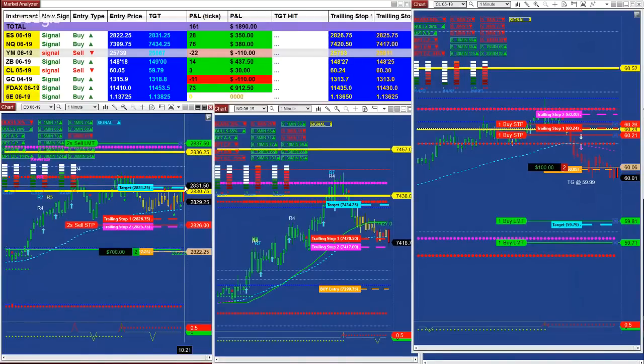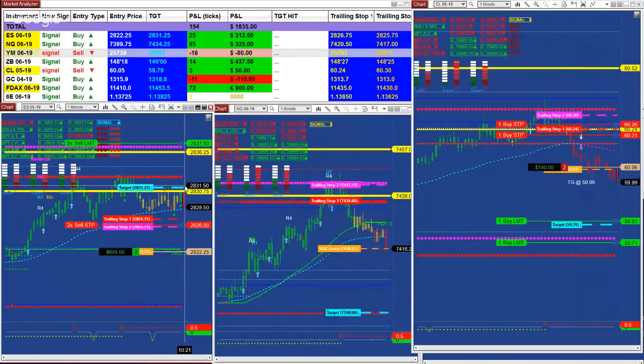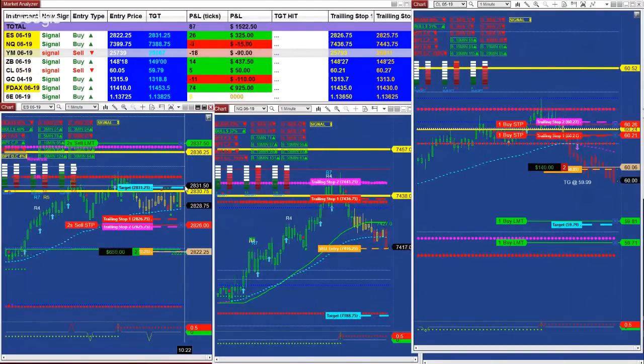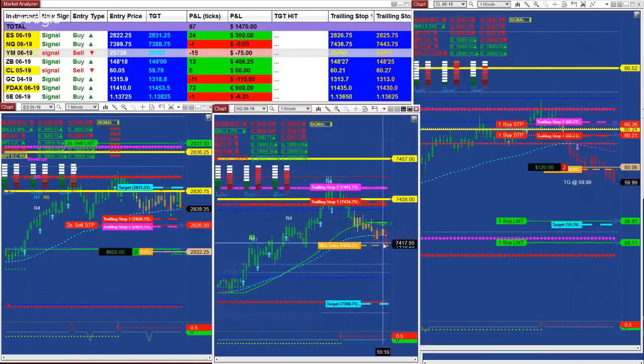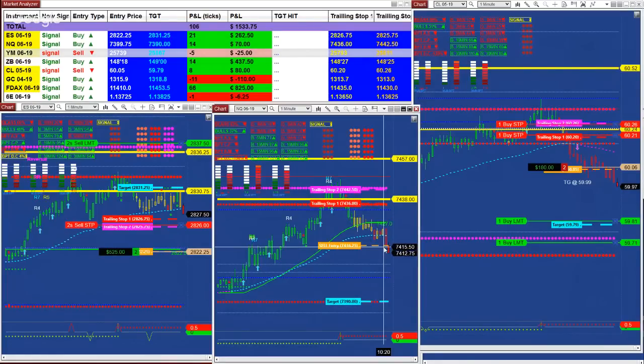So slowly, patient, patient, patient, and then okay, we have a sell entry on the Nasdaq, and you can put a sell entry on the Nasdaq at 1550. 1550 is a sell entry on the Nasdaq.